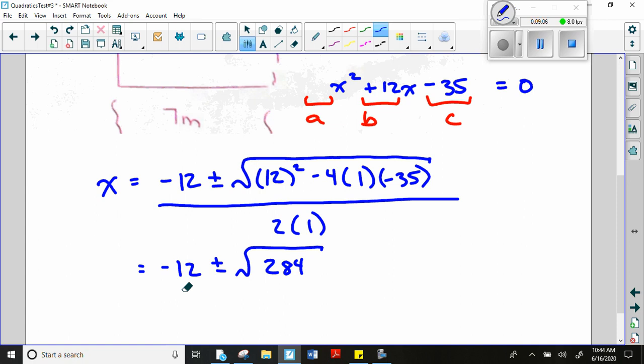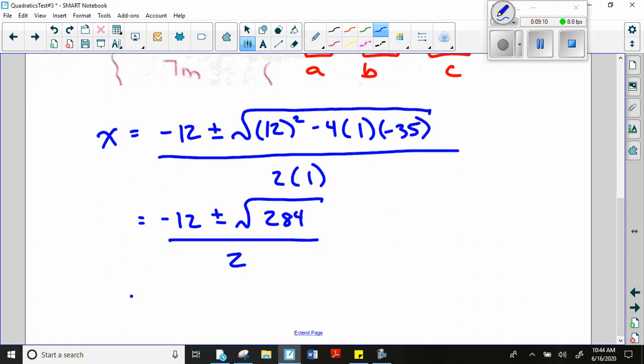284. I believe that is a perfect square rootable number. Nope, I lied to you. Negative 12. No, so I'm going to show the, sorry about that.